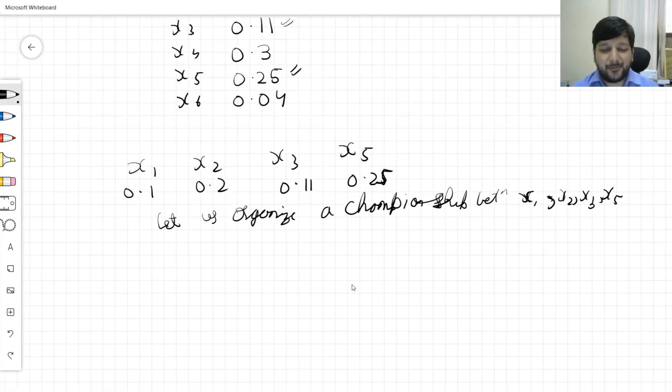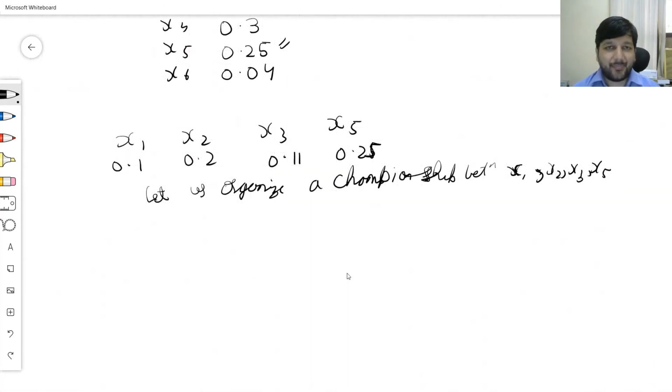So now the championship that I'll organize is, if I just organize a championship, the best individual, which is x5 over here, will get selected and it'll be the winner. But I need this stochasticity thing. There should be some chance that x1, x2, x3 can also win, because that's my strategy too. That's my strategy, that the weaker individual should also have some chance of getting selected. So let's sort the individuals.